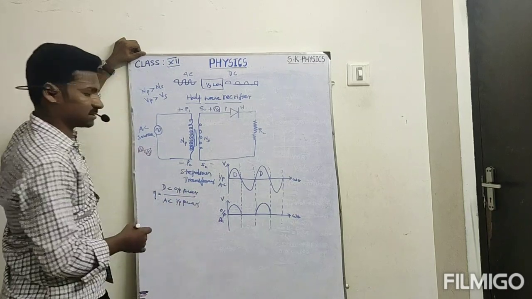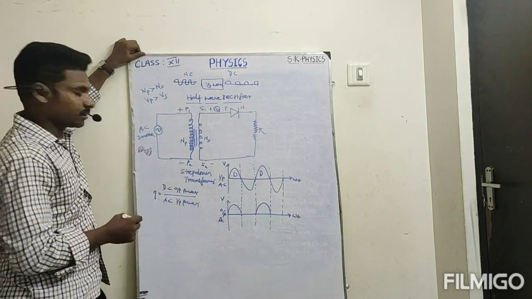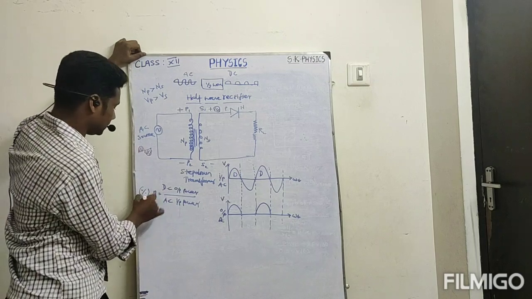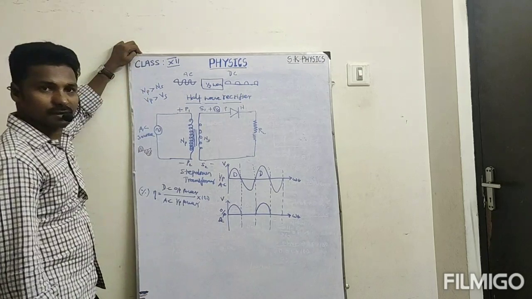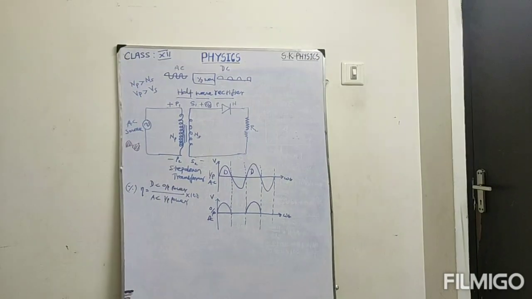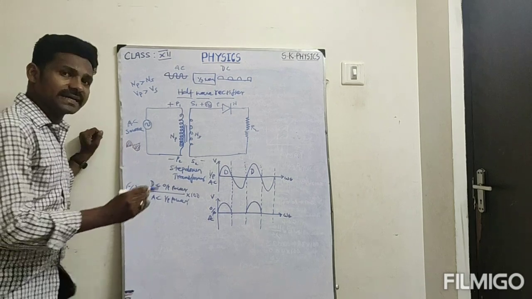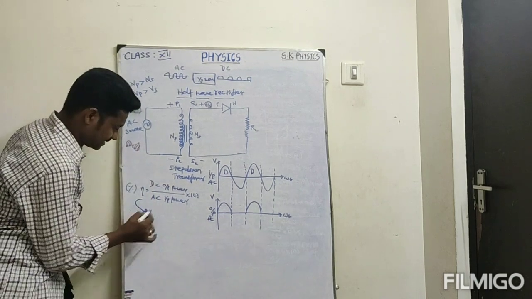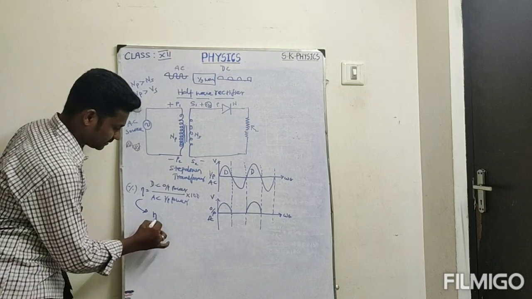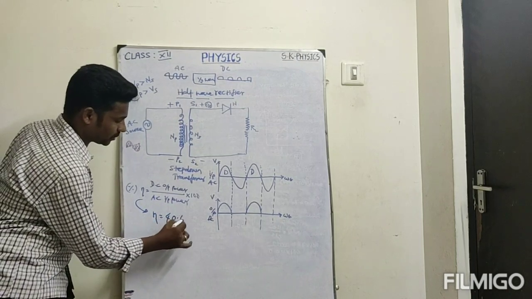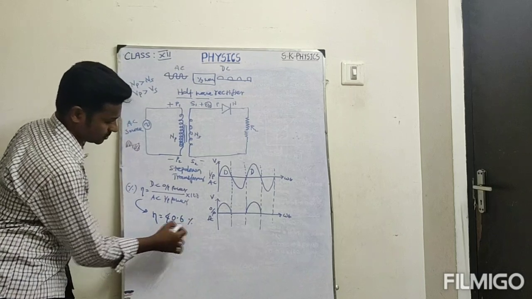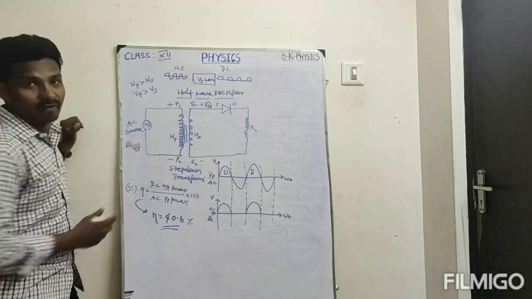This is known as the efficiency of the rectifier. If you need it in percentage, you can multiply by 100. Approximately, the efficiency of the half-wave rectifier is 40.6%.